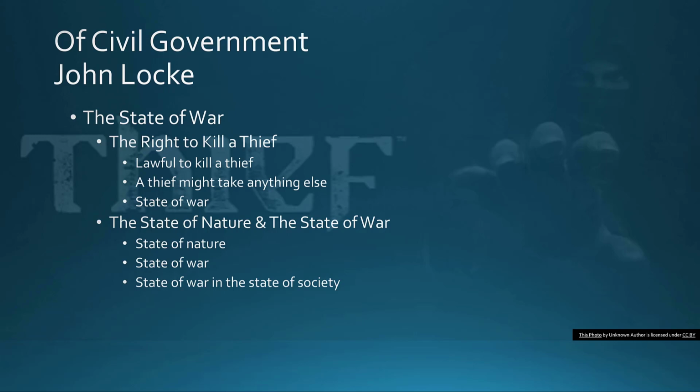So Locke thinks that even if someone says they haven't harmed their target, nor declared any intent to harm them, aside from the robbery, the person who's engaged in the attempted thievery, by using force where they have no right, they provide a reason to think they might take everything else.